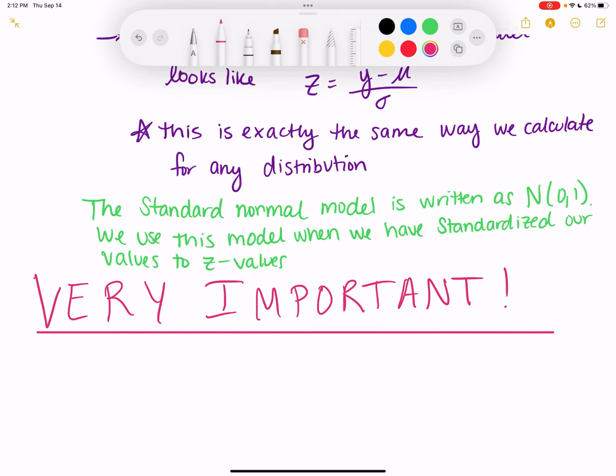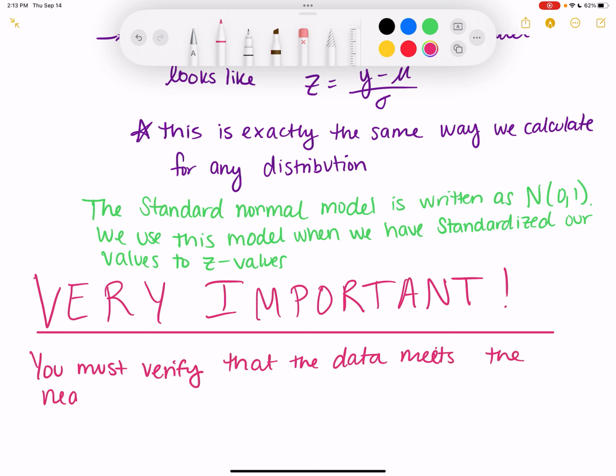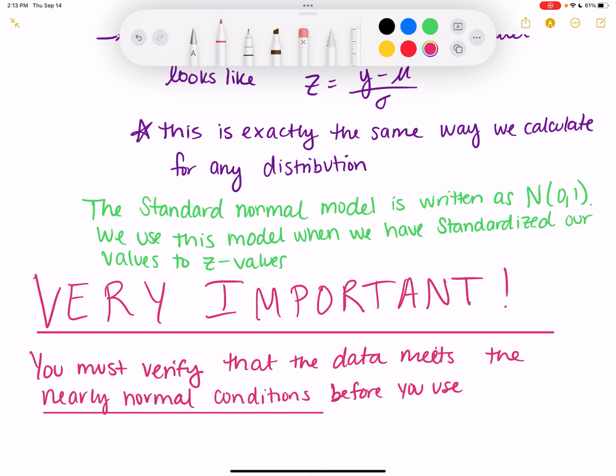The very important: you must verify that the data meets the nearly normal conditions before you use normal models.